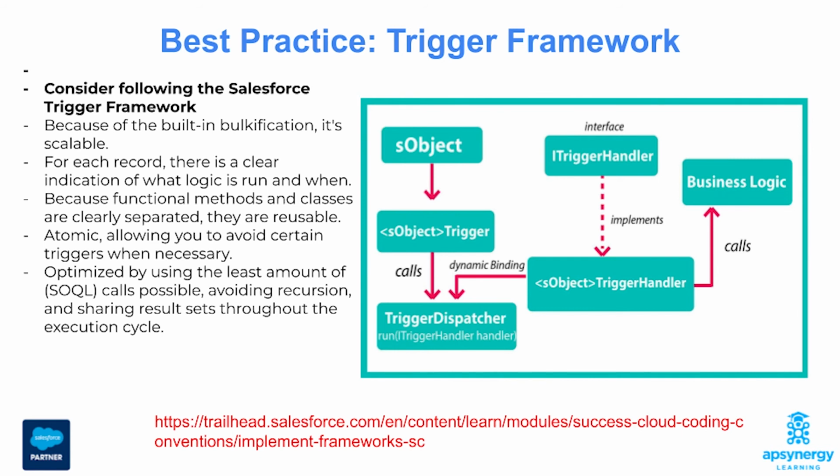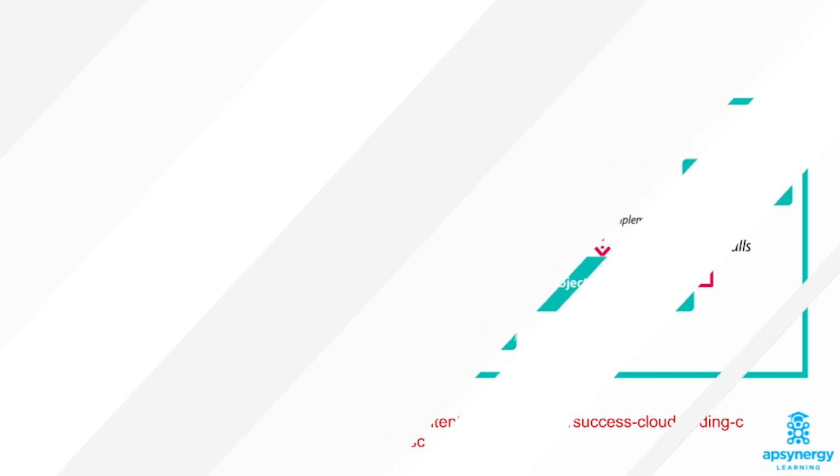Optimized, by using the least amount of SOQL calls possible, avoiding recursion, and sharing result sets throughout the execution cycle. Triggers are a strong tool that, when used correctly, when you have a clean trigger framework, can achieve amazing things. So by using best practices, we can avoid complexity and technical debt.